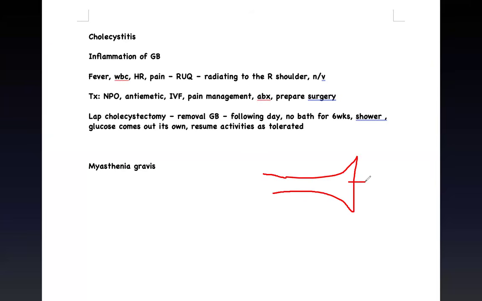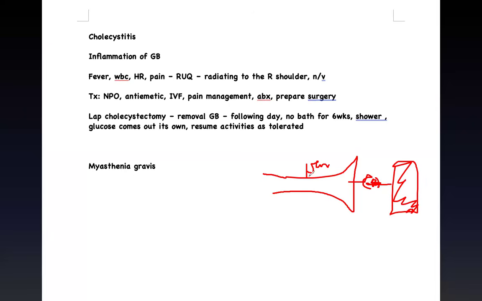You have the neuron here, and there's a muscle here. The muscle and the neuron talk through the acetylcholine receptor. Acetylcholine comes and binds here like that, and then makes the muscle contract.